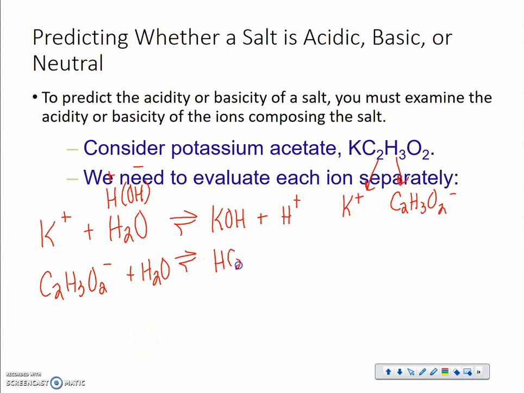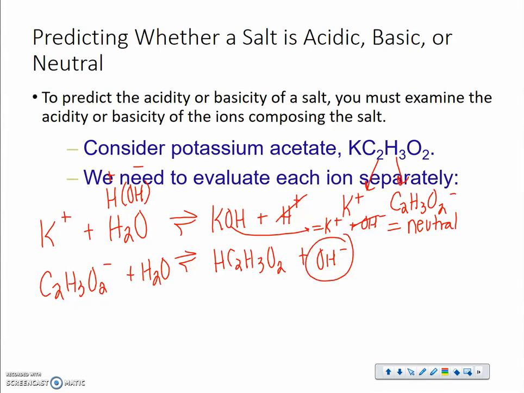Looking at the first reaction, potassium hydroxide is a strong base, so it's going to break apart back into K+ and OH-. These cancel out, so this component is neutral. But here we have a weak acid that's going to stay together, so we have additional OH- present in our solution. Overall, we are basic for this salt.